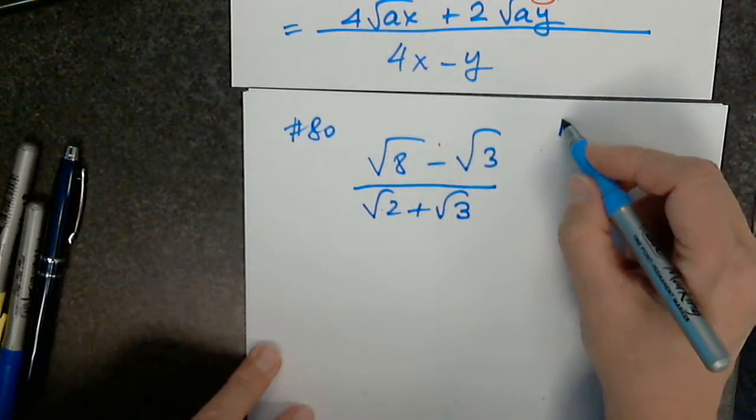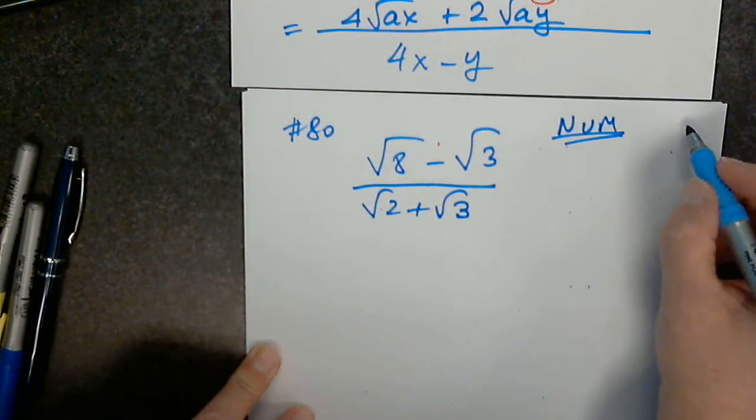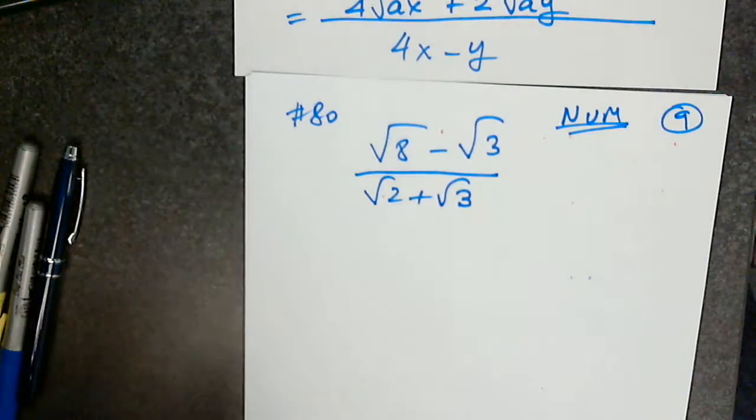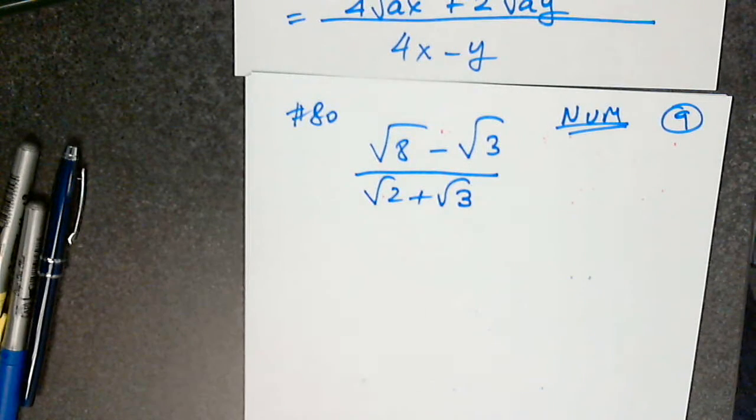We rationalize the numerator now. Simplify the square root of 8 and then find the quantity we need to use to rationalize the numerator this time. That happens, not frequently, but it happens.